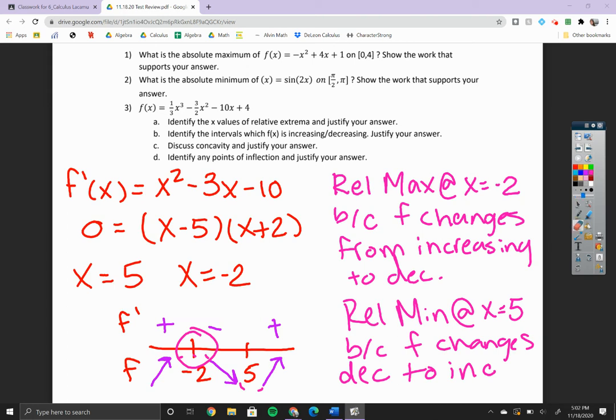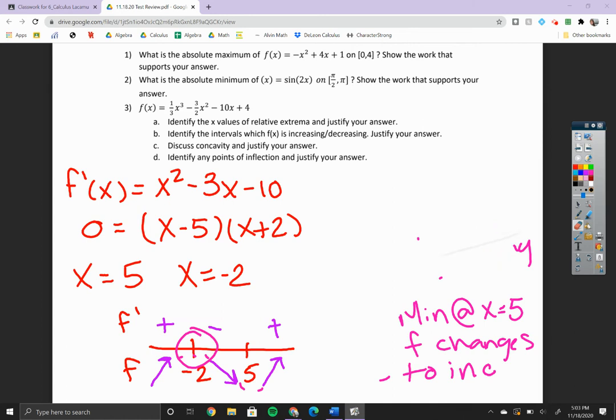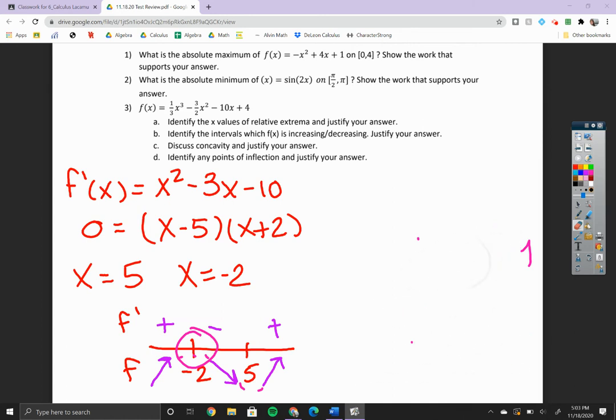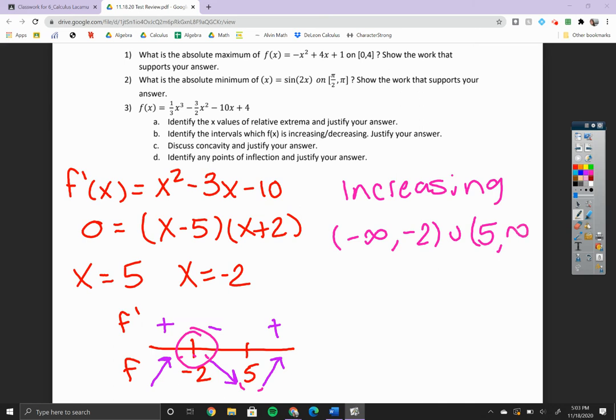Okay, so now to just make space, I'm going to erase this really quick. To answer B, I'm going to identify the intervals in which it's increasing and decreasing. So first off, it's going to be increasing on the intervals from -infinity to -2 and from 5 to infinity.